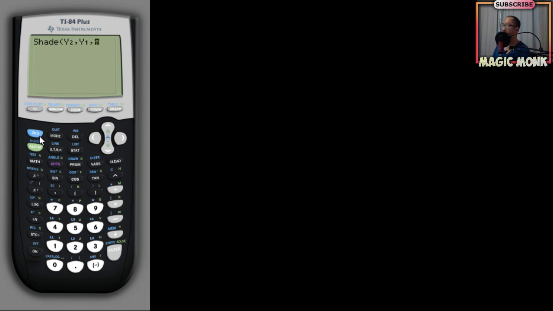No, I won't do that. I'm just going to put in two numbers, 0, 2, and just see what happens. Press enter again, and then it should start shading. It's shaded the area between the two lines from 0 to 2.